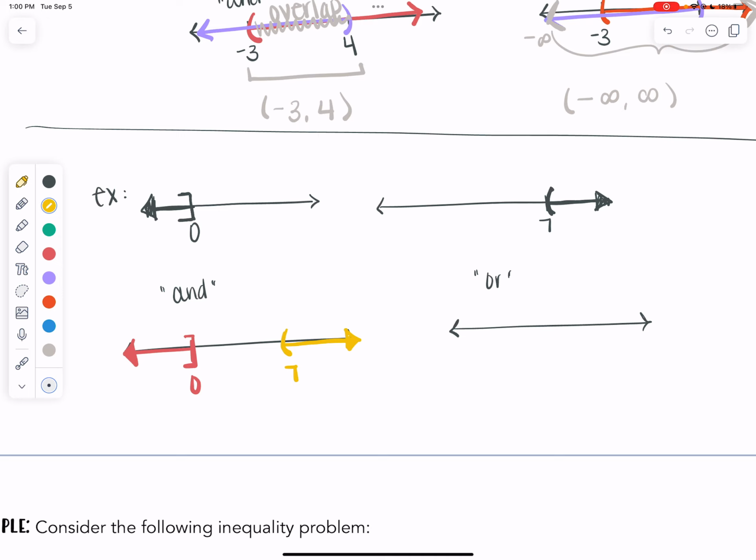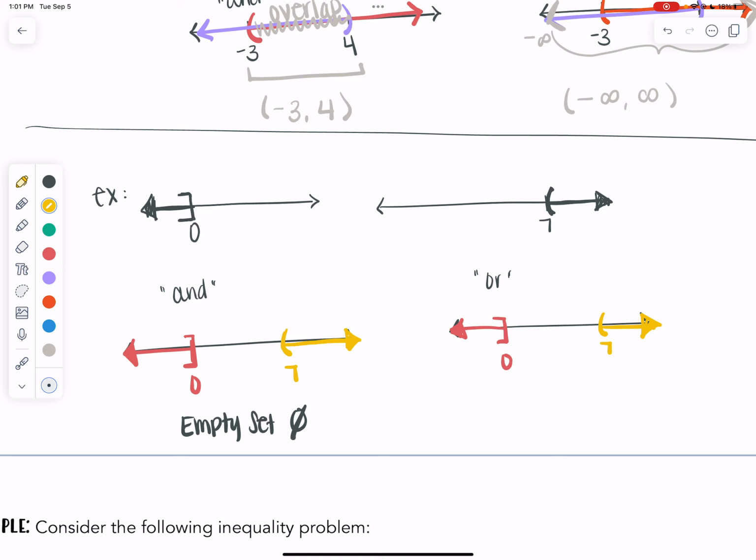Well, there aren't both the graphs. There is no place where the graphs overlap. And so we call this the empty set, a symbol with a slash through it, because there is no overlap of these two graphs.